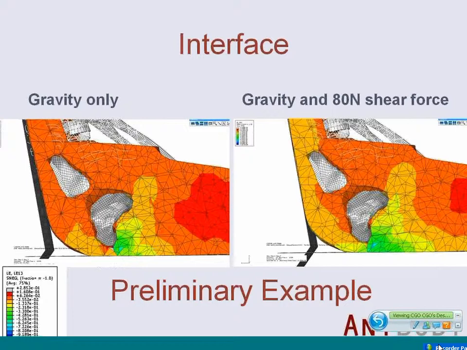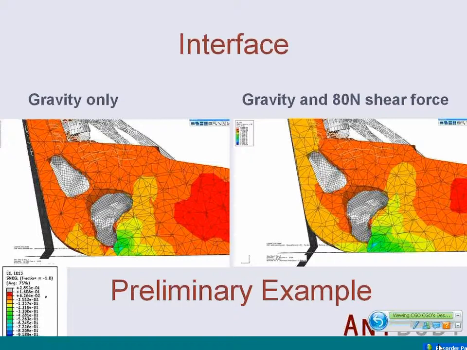However, in this study, we need to change that a bit. But this example is just showing that on your left side the model is subjected to gravity only, and on your right side a shear force has been added on the seat, or you could say on the backrest.